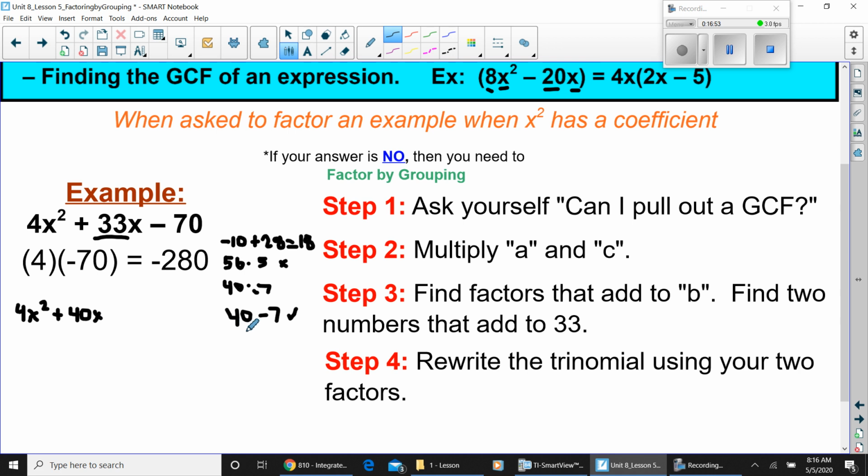See that 40 minus 7x, again using this negative 7 as a factor, minus 70.